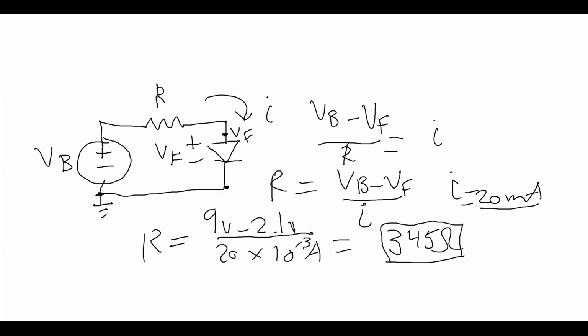At least for most red LEDs, the forward voltage is around 2 volts. So we're just going to assume in this case that the voltage drop is 2.1, and you can have less than 20 milliamps and it'll still be bright. It's usually around 10 to 20, with a maximum of 30 before you start damaging it.